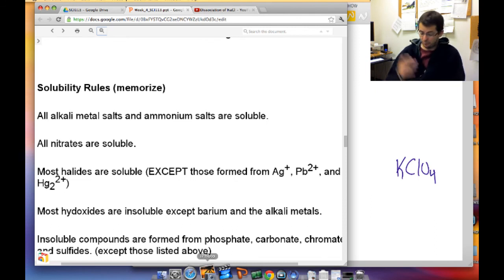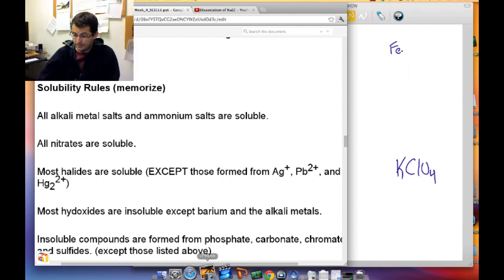Because some materials don't necessarily behave by the rules. You don't need to memorize those. You do need to memorize these rules, though. So you can use these rules to make predictions on whether a material will be soluble or insoluble. Fe2O3, insoluble. Why? Well, it's not an alkali metal, it's not a nitrate, not a halide. Pretty much everything else is insoluble.